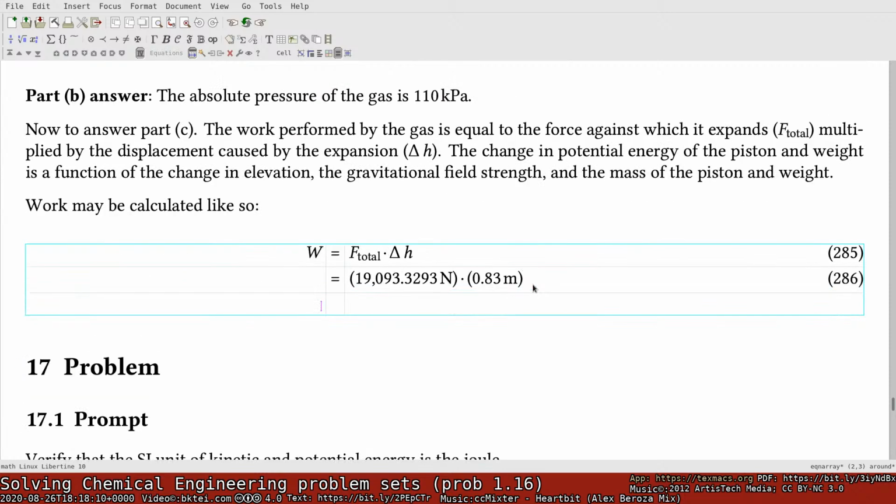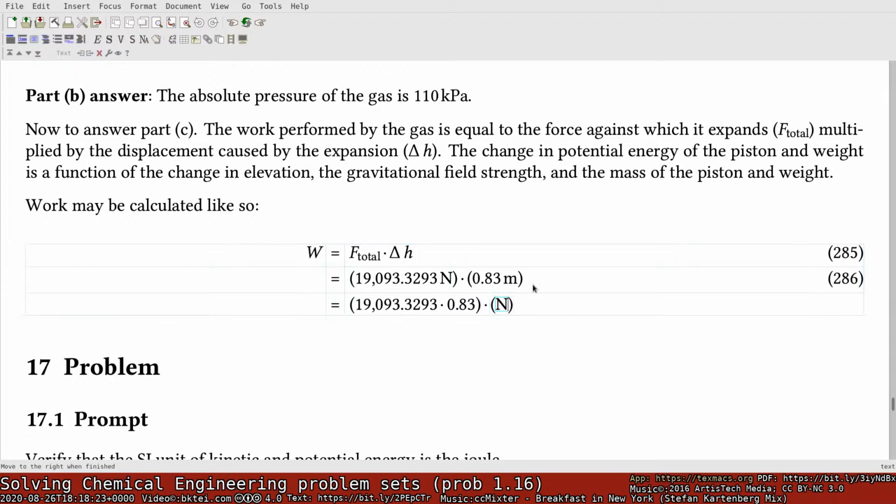Okay. So yeah, I got this lovely number times 0.83, newtons times meters. That will be joules.